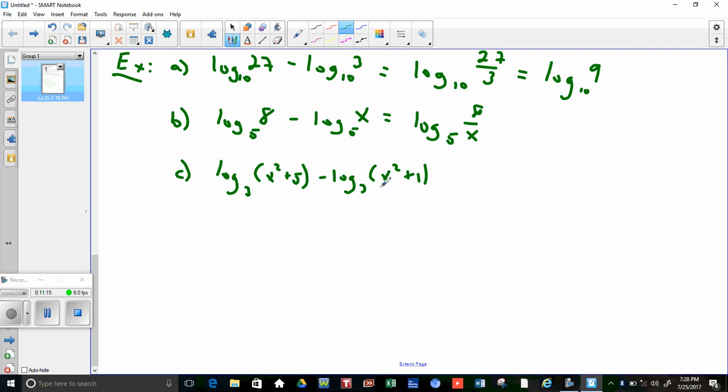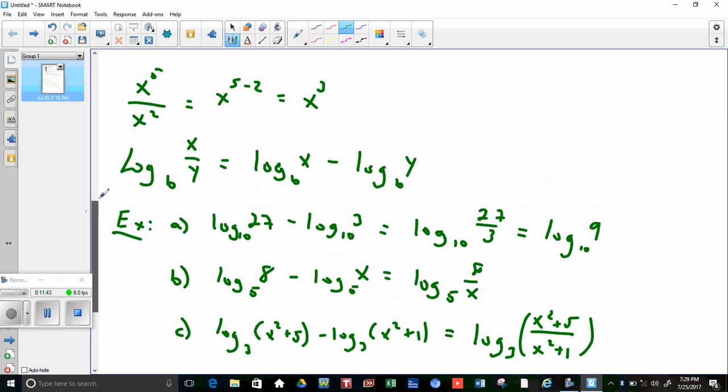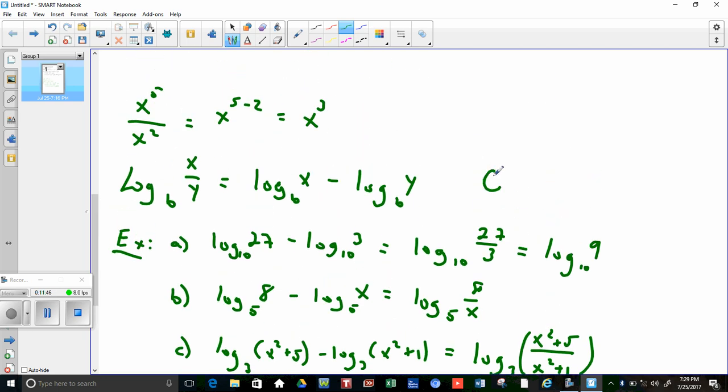This one divided by this one into 1 log. One log base 3 of x squared plus 5 over x squared plus 1. We have condensed these two logs into 1 using the quotient property. Let's go back up here real quick and write up here that this was a quotient property.